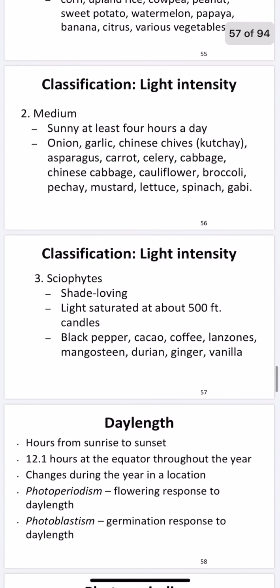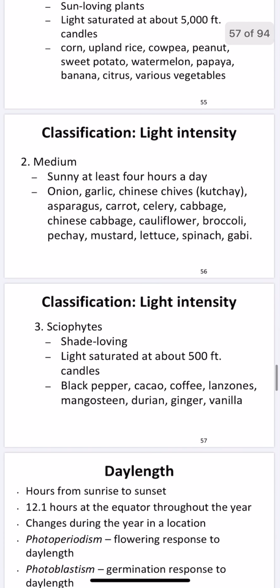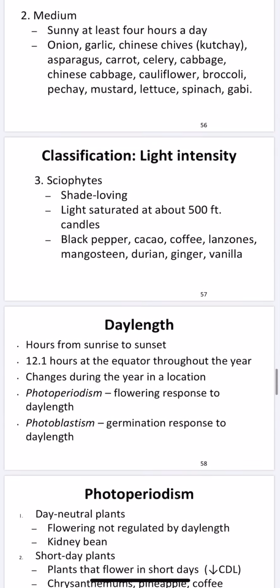And they can be medium if they are sunny at least 4 hours a day, for onion, garlic, Chinese chives, asparagus, carrots, celery, cabbage, Chinese cabbage, cauliflower, broccoli, petchay, mustard, lettuce, spinach, and gabi.